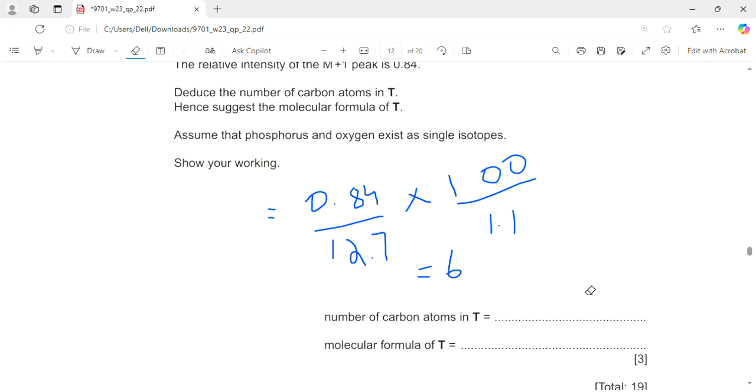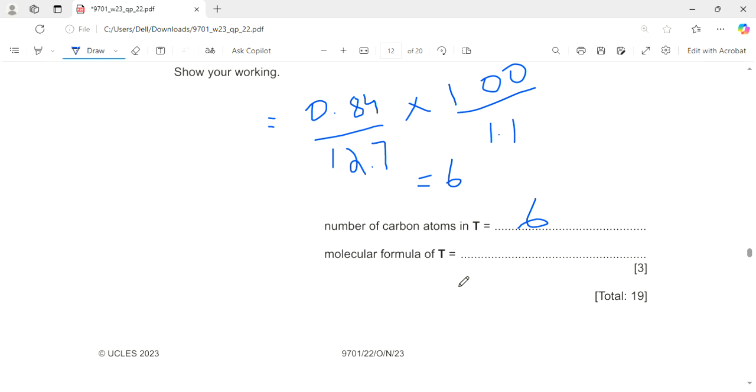Now, 6 carbons. What is the molecular formula of T?